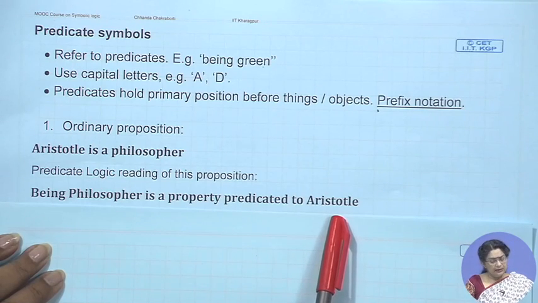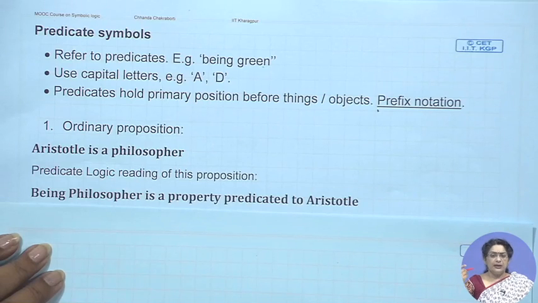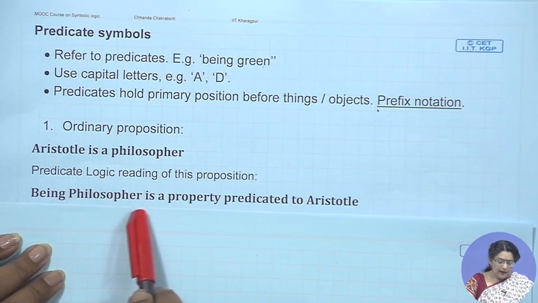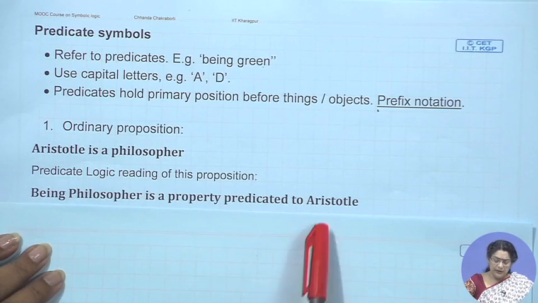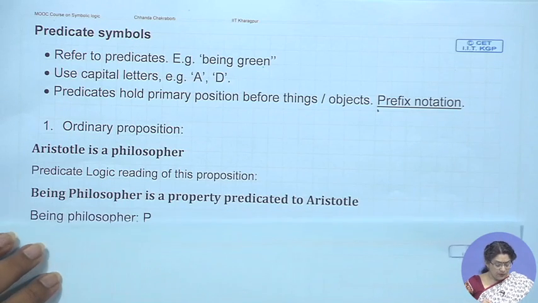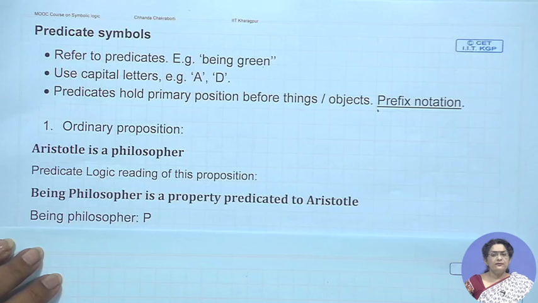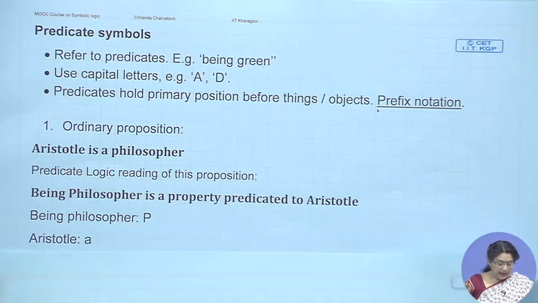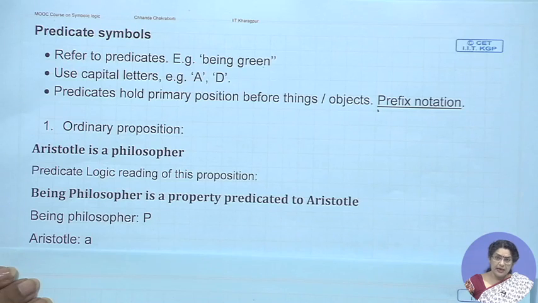Get it? Now, let us bring to our mind that we have decided to have capital letters for the property, and for the individual we have the individual constant, right. So, once more reminding you, being a philosopher is, let us say, capital P, and Aristotle is lowercase a.